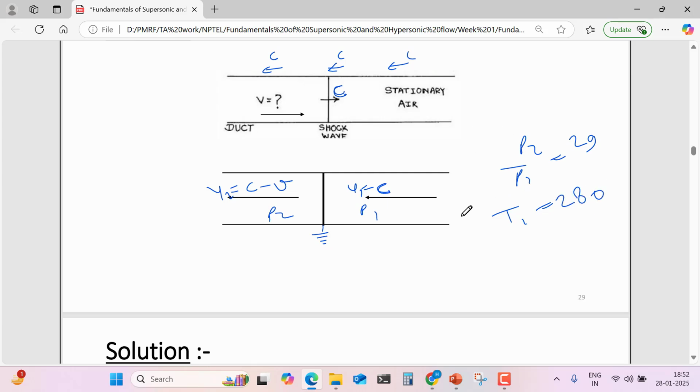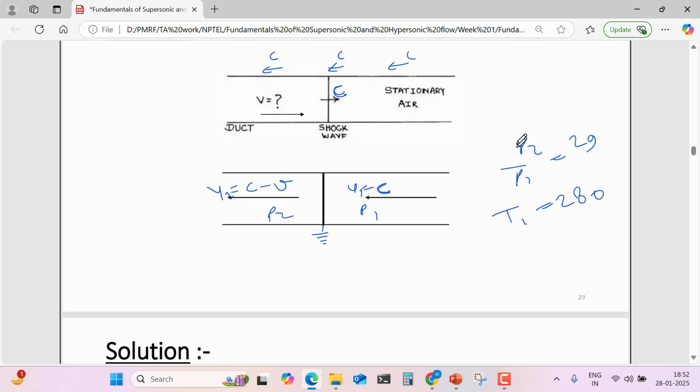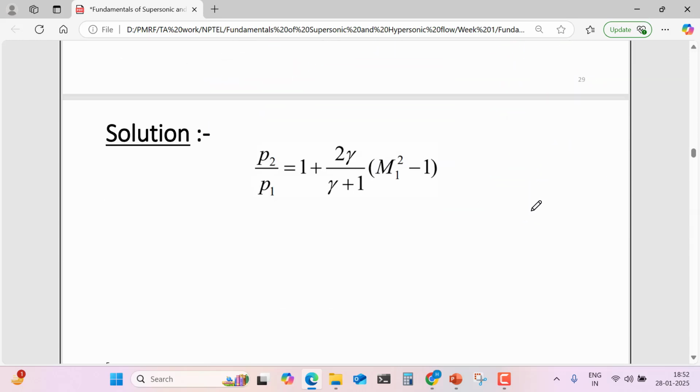So now we have to find the value of v. To find it, first we will use this pressure ratio formula, which is P2 by P1 equal to 1 plus 2 gamma upon (gamma plus 1) times (M1 square minus 1).